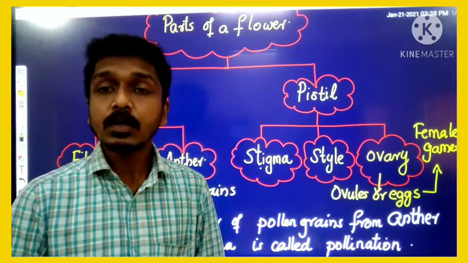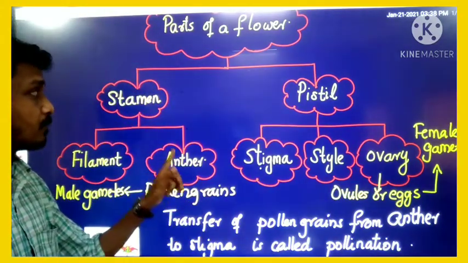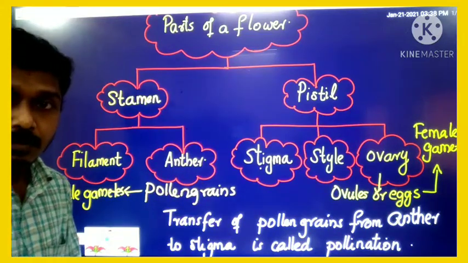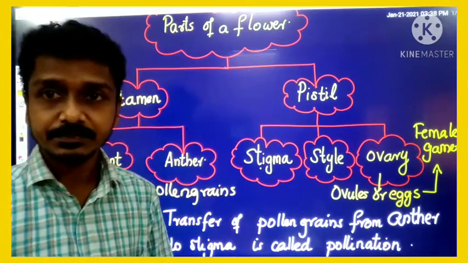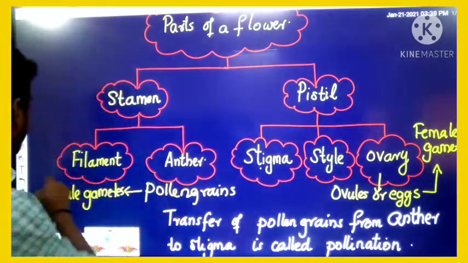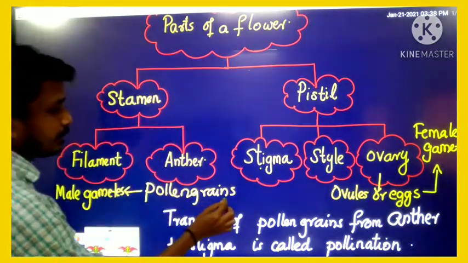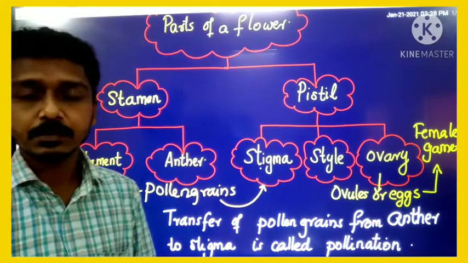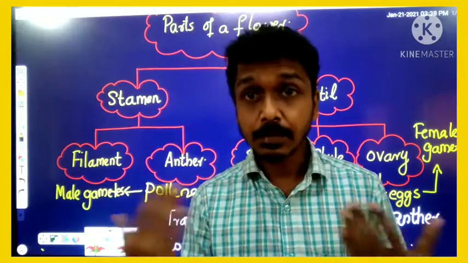Sometimes, you know that the pollen grains of the anther will transfer to the stigma of a flower. That means this pollen grain will transfer to the stigma of a flower by butterflies, by honeybees, by many factors.